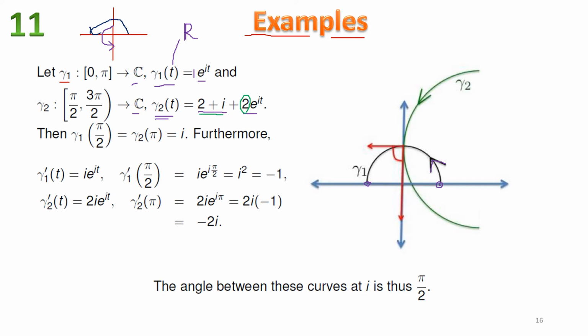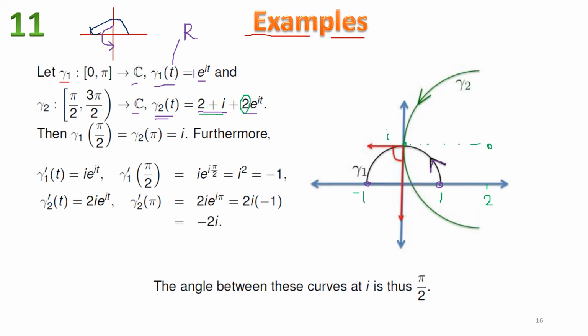So here you can identify this number on the real line as 1, this as -1, and 2 will be somewhere here, and we have to identify 2 plus i. So this is i, 1i is located here. So you can identify the center of the circle as this point.